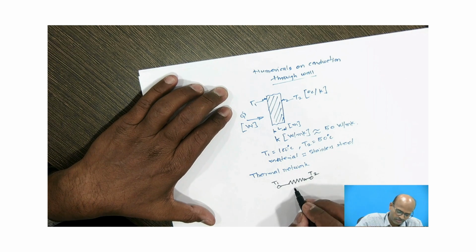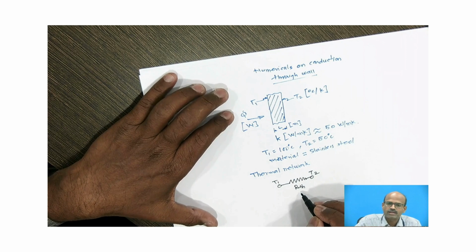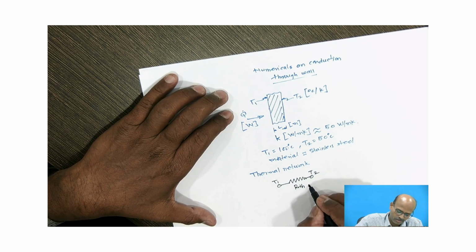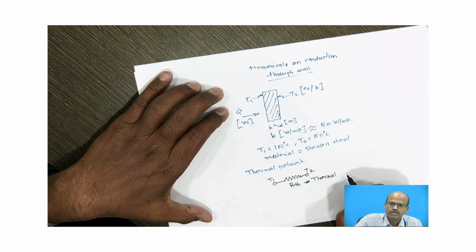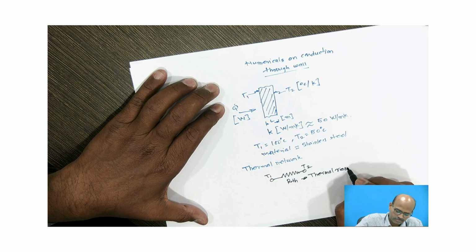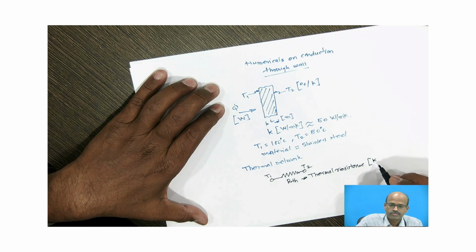The representation of thermal resistance is R suffix TH. This is thermal resistance. Unit of the thermal resistance is Kelvin per watt.